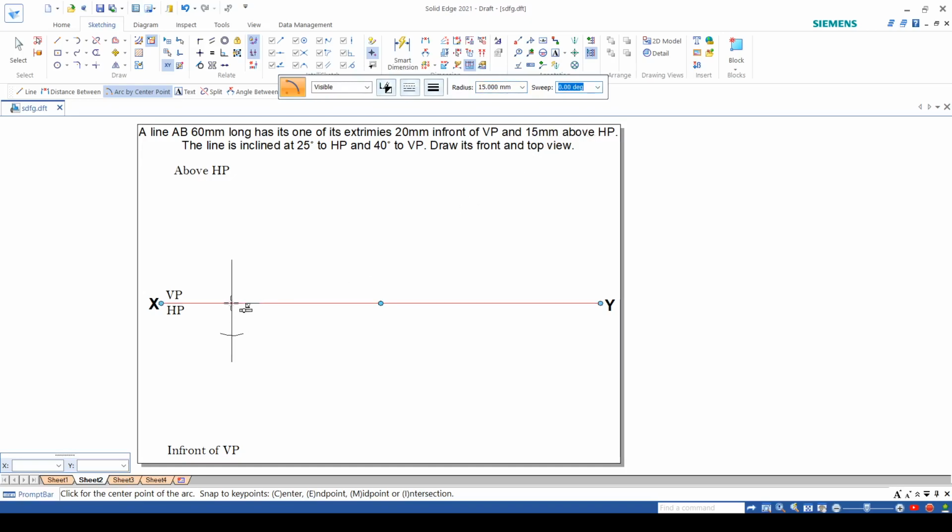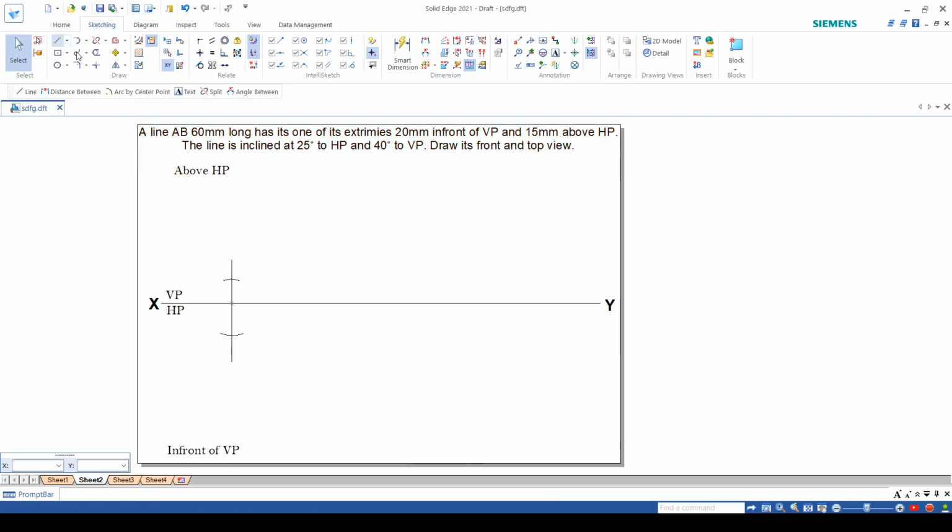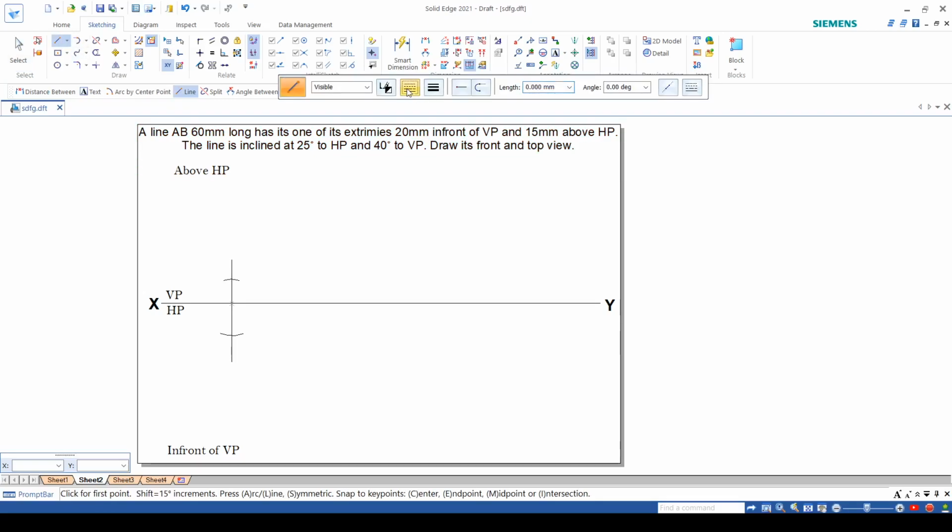I would take the intersection point again, and this time it's 15 mm. Now we would create a straight line on both sides.